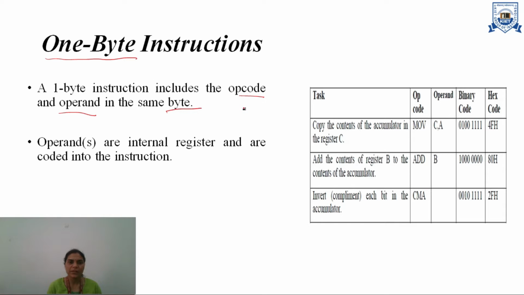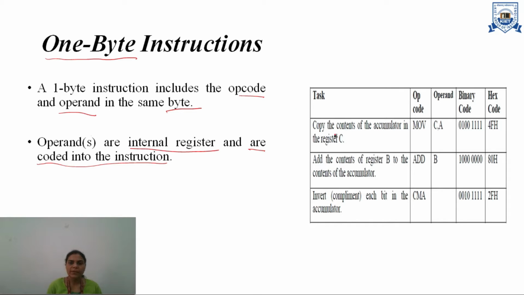So these types of instructions have the 1-byte instruction format. In these types of instructions, operands are internal registers of the processor, or maybe some implicit operands coded in the instruction.